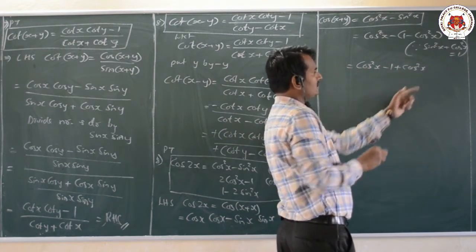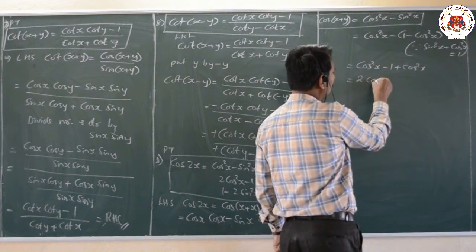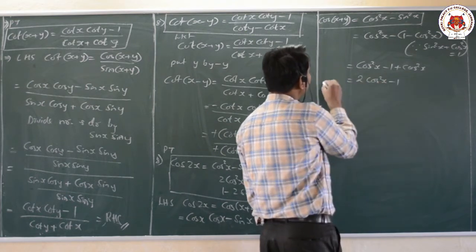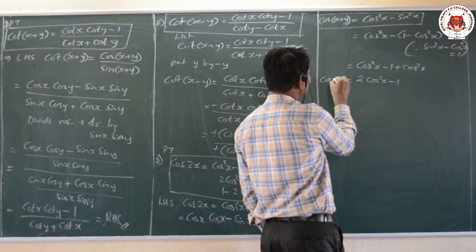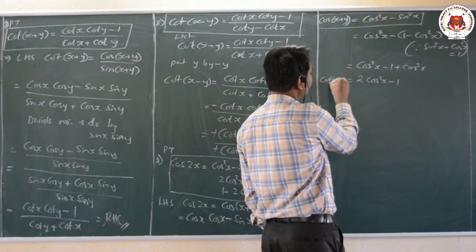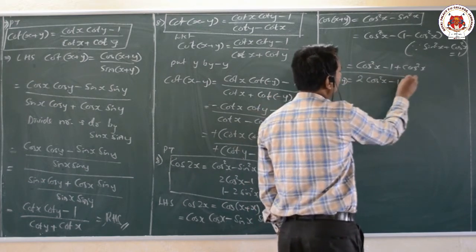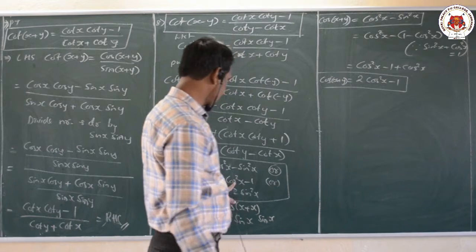Now cos square plus cos square gives 2 cos square x minus 1. That is one more result.